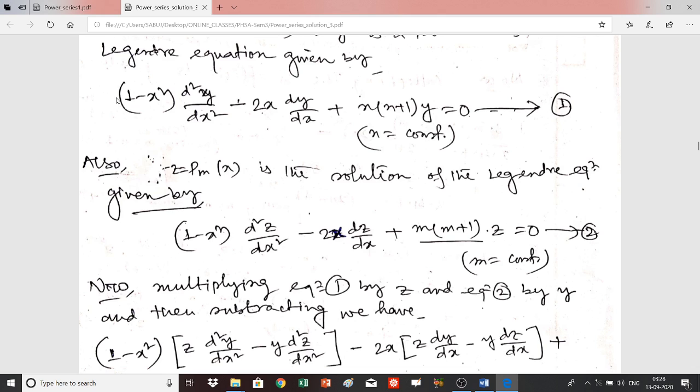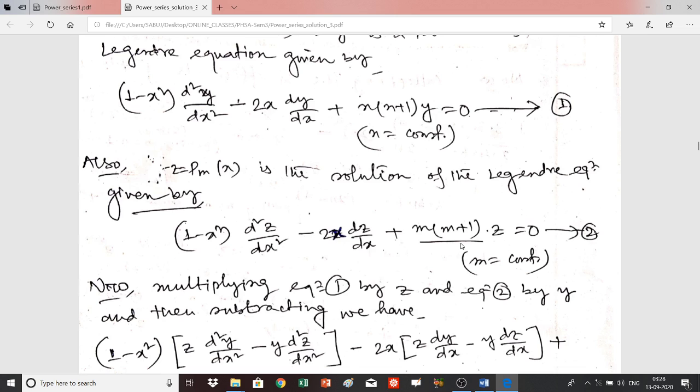We get (1 minus x squared) z d2y/dx squared minus 2xz dy/dx plus n(n plus 1) zy, and for the second, (1 minus x squared) y d2z/dx squared minus 2x y dz/dx plus m(m plus 1) yz, equal to 0.